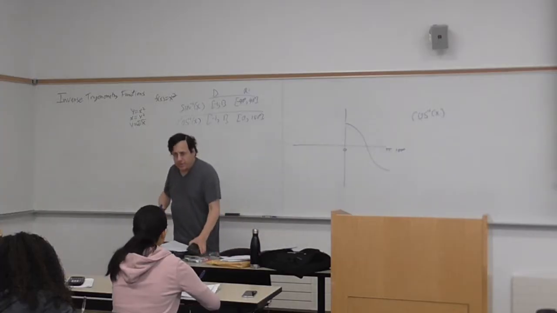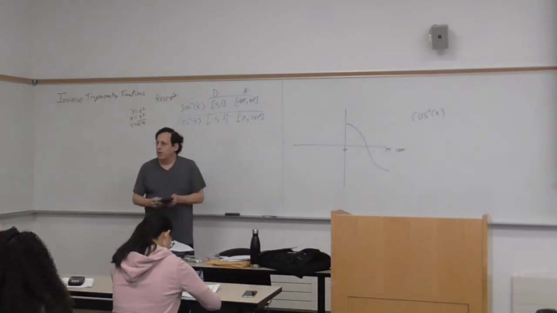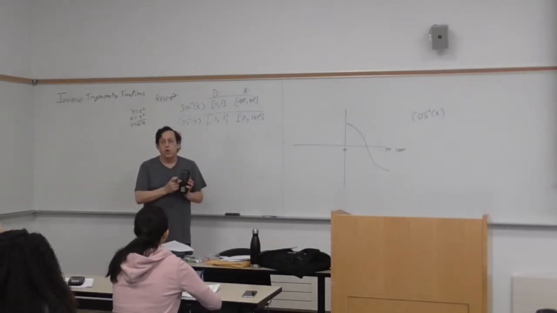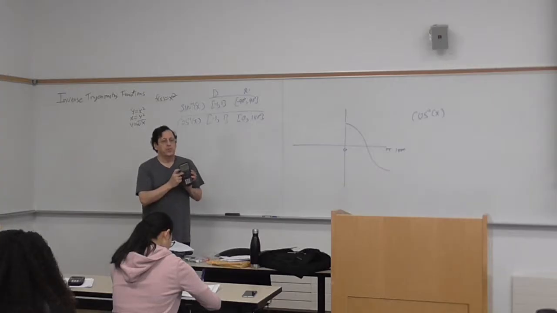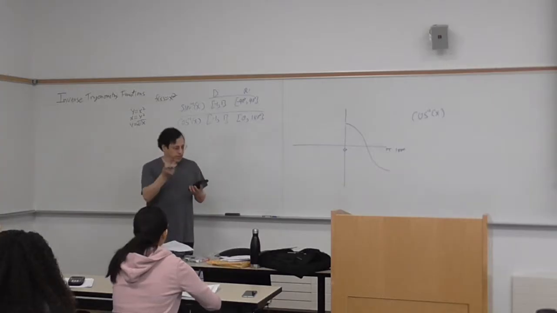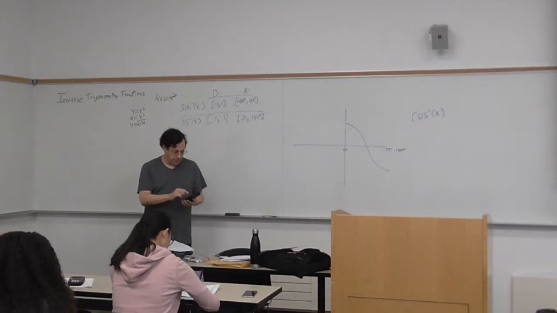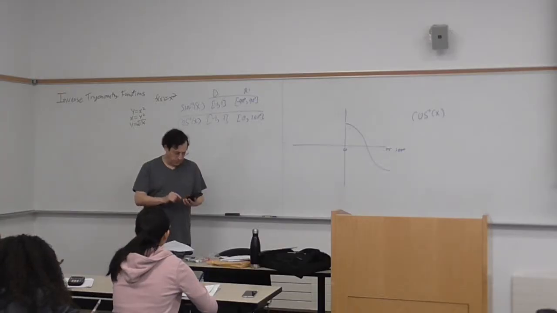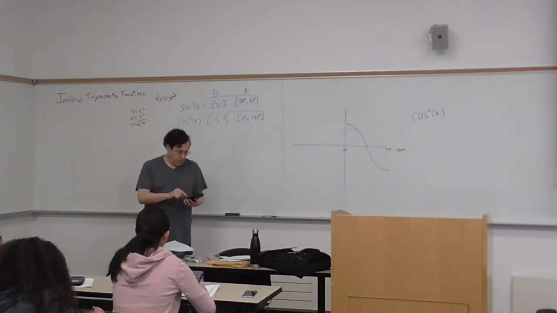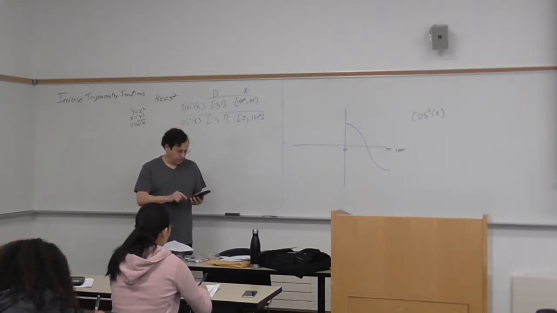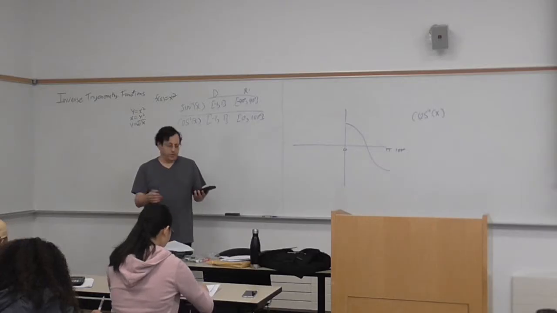And this isn't math, but I feel compelled to remind you, check your mode on your calculator when you do this. Let's just do an example here. We'll put it into the radian mode for a second. So if I now say cosine inverse of what?